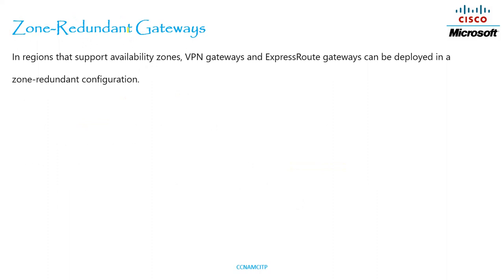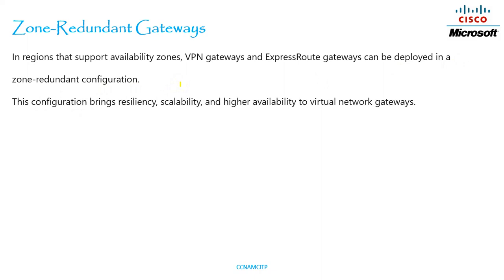Apart from this, we have zone redundant gateways. So guys, in regions that support availability zones, VPN gateways and ExpressRoute gateways can be deployed in a zone redundant configuration. This configuration brings resiliency, scalability, and high availability to virtual network gateways.